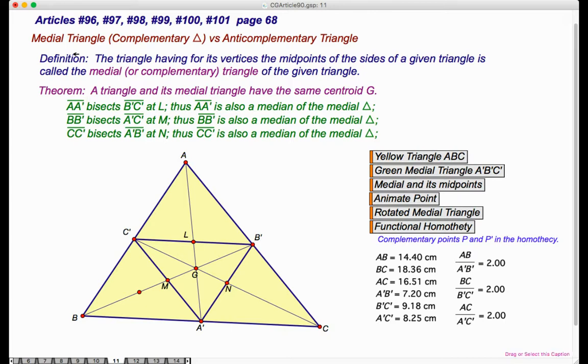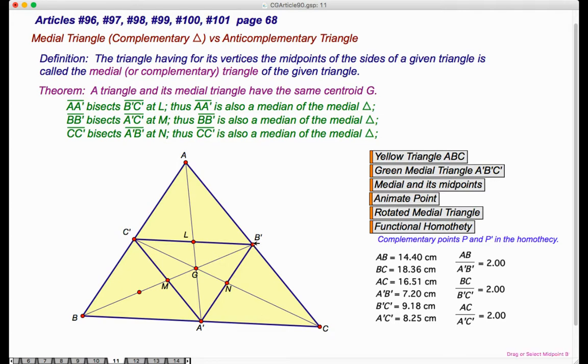And let us define what a medial triangle is and eventually what an anti-complementary triangle is. So, a triangle having for its vertices the midpoints of the sides of a given triangle is called the medial, or sometimes complementary, triangle of the original triangle here. So our original triangle is the yellow triangle here.